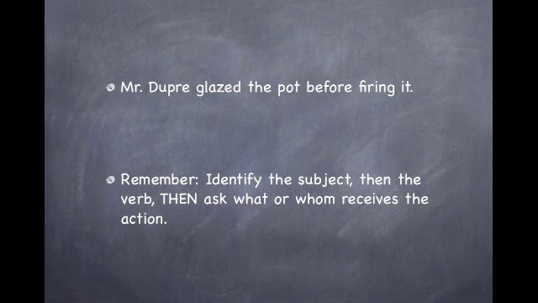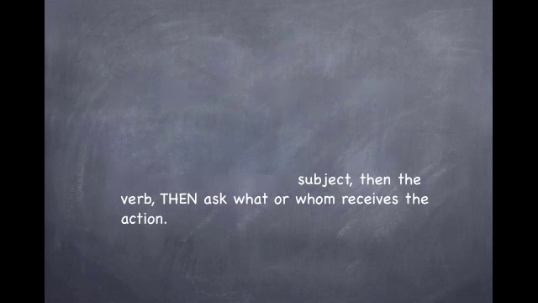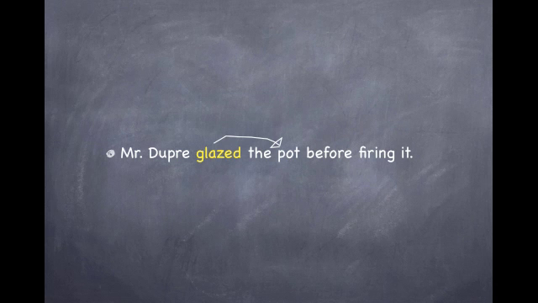What is the verb or the action of the sentence? What is being performed? Glazed. And as you can see, pot would be the direct object. What or who is being glazed or is receiving the action? Pot receives the action, it receives the glaze.